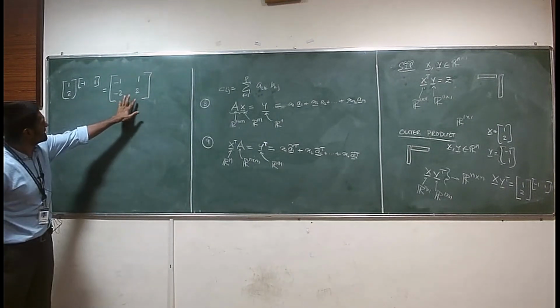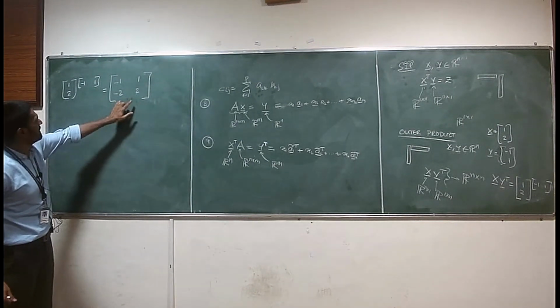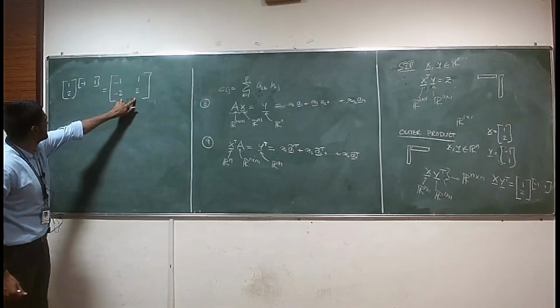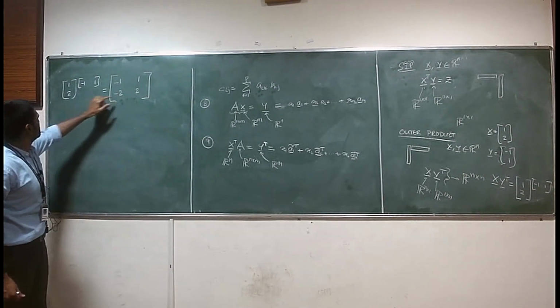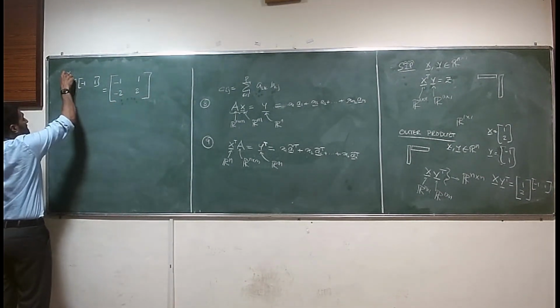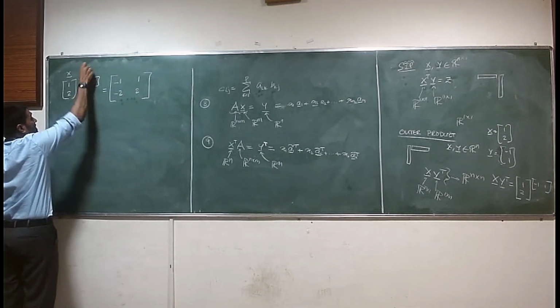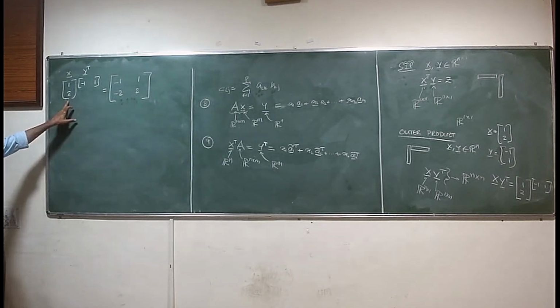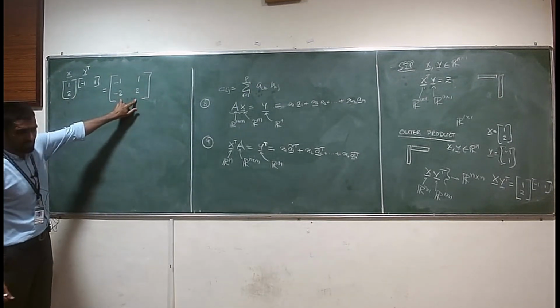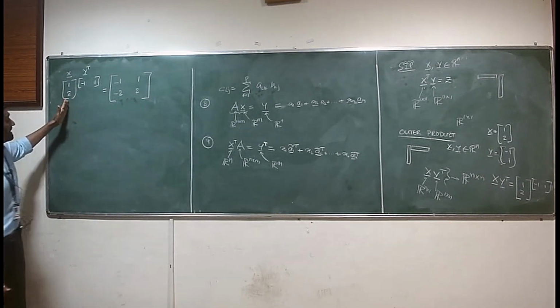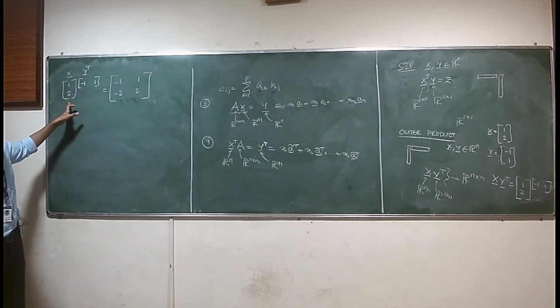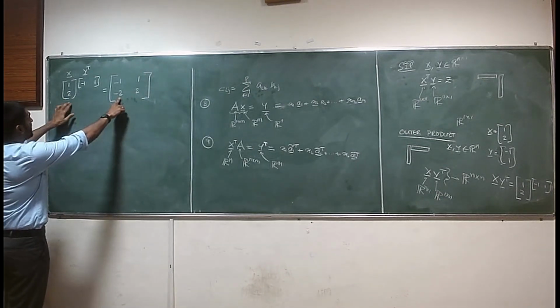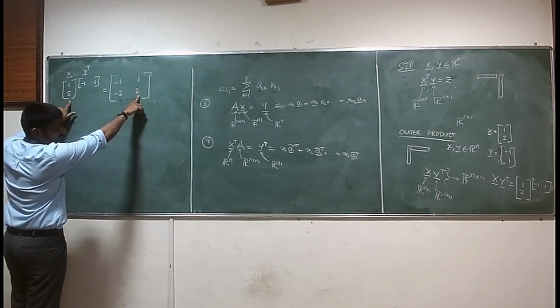Let me ask you this way. How are the columns of this matrix related to x? The columns of this matrix are scaled versions of x. So this is minus 1 times this, and this is 1 times this.